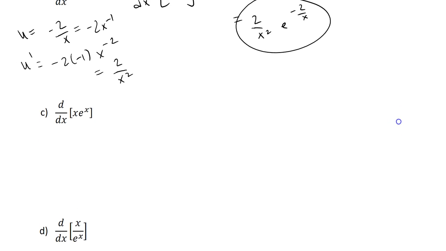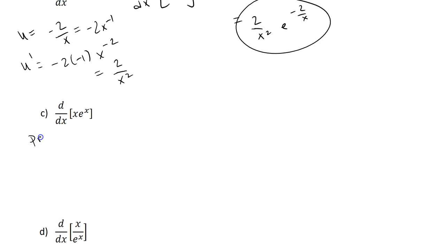Now in this one, we're going to have to use the product rule because we have x times e to the x. So if I let f be equal to x, then f prime would be 1. If I let g be equal to e to the x, g prime, the derivative of e to the x, is just e to the x.